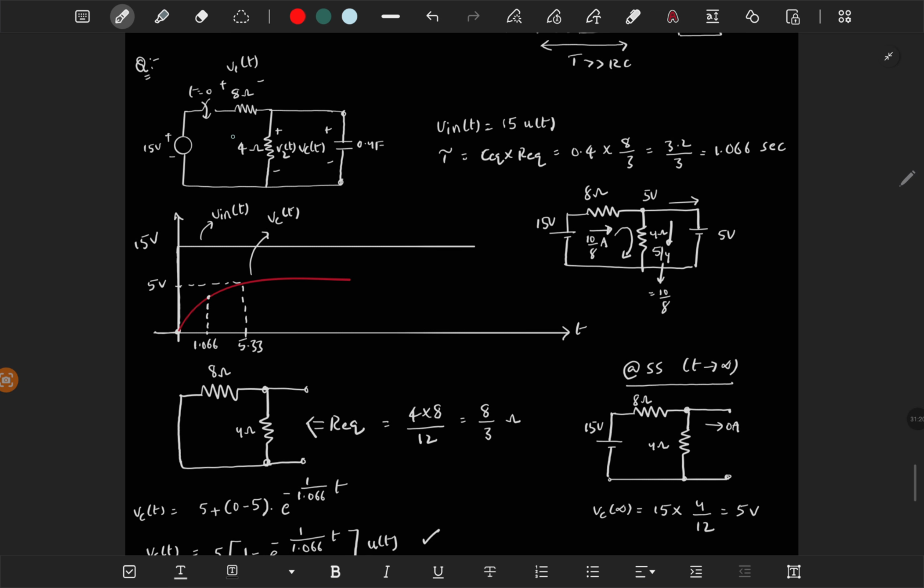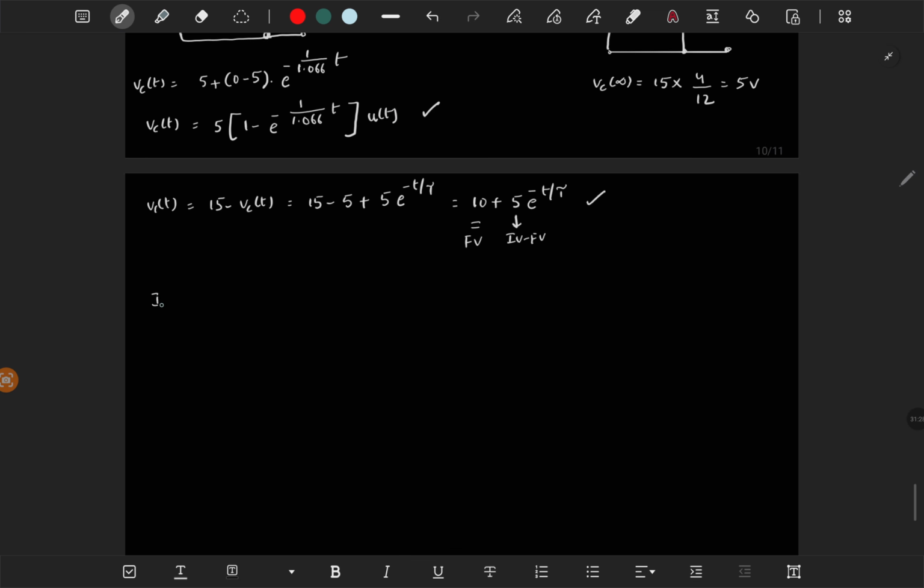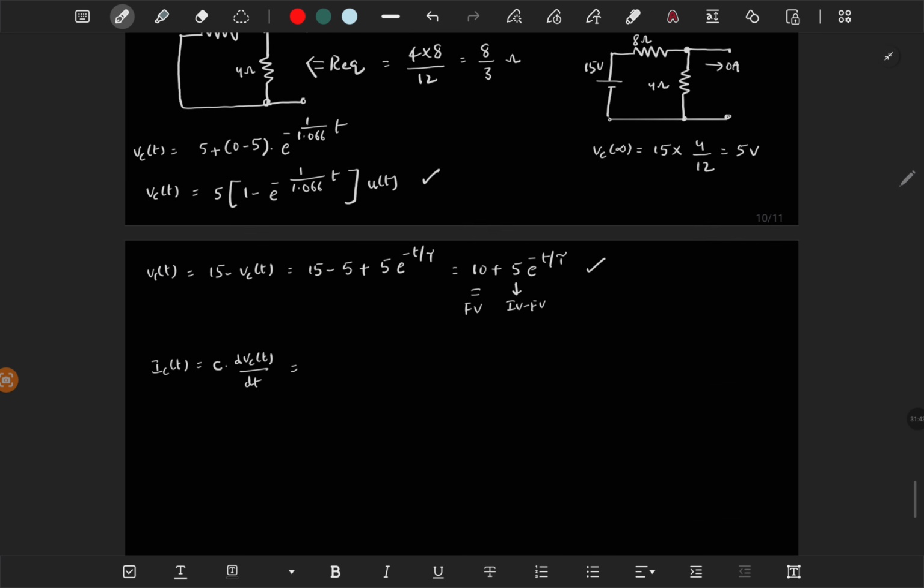And what else can we find? We can find the current flowing through this capacitor. The capacitor current is C times dV by dt, which is 0.4 times dV by dt, which is 5 by 1.066 times e power minus t by tau.